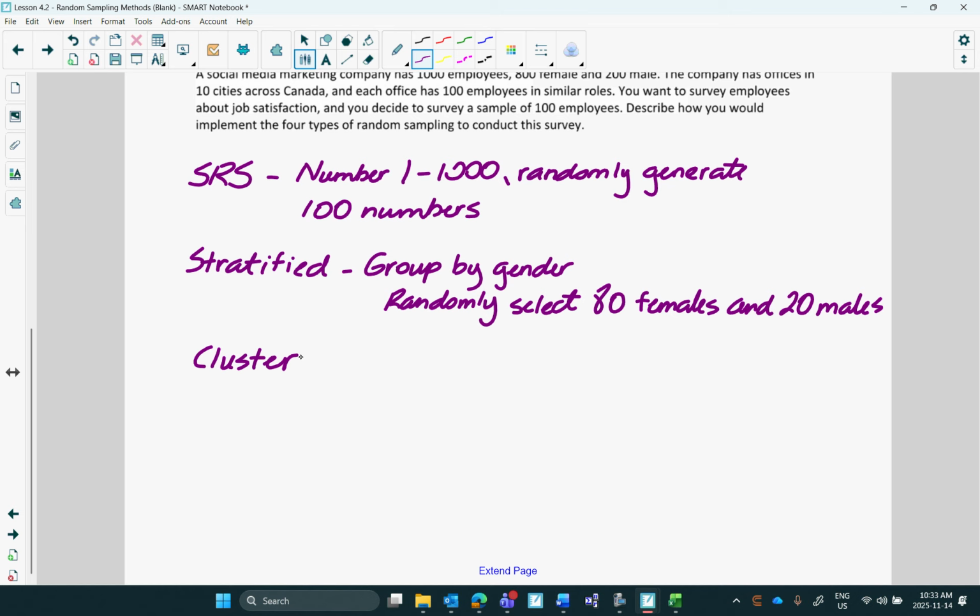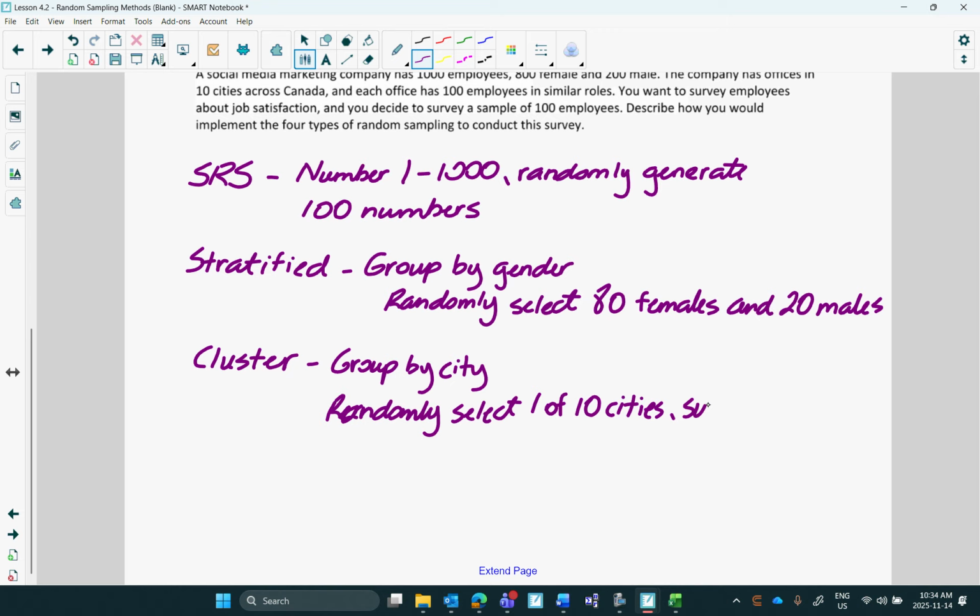By city, randomly select one of 10 cities, survey all in that city. That will get you your sample size.